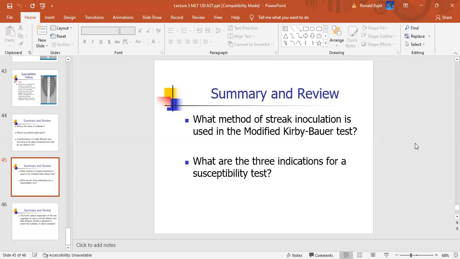What is Staph aureus? It is coagulase positive. Okay, so if it's coagulase positive, it's Staph aureus, correct? If it's coagulase negative, what is it?